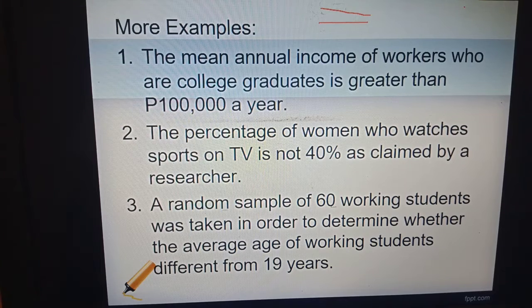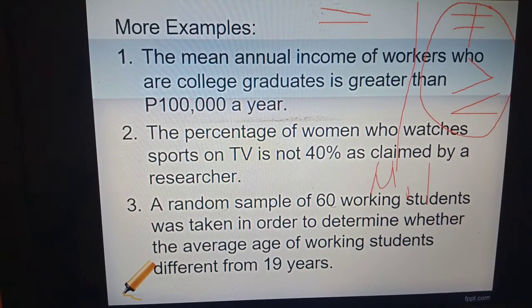Yung alternative hypothesis naman ay not equal. Okay? So, greater than, less than, yan yung mga symbol na nakasama doon sa alternative hypothesis. Okay? Na involved doon sa parameter na mu or sa P or percentage doon sa specific value.